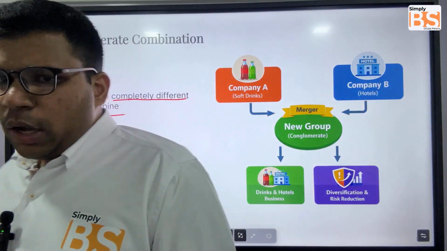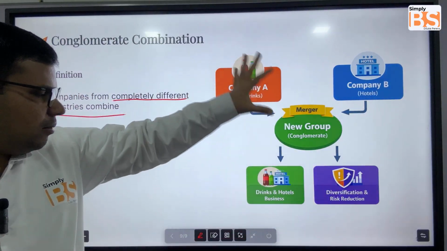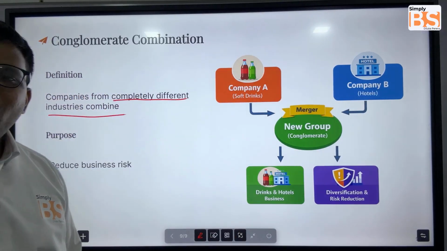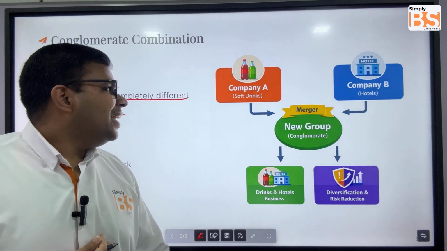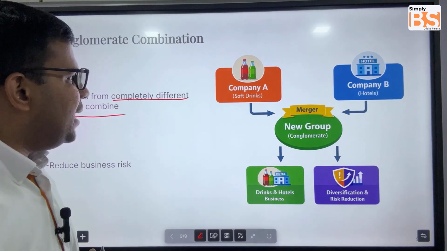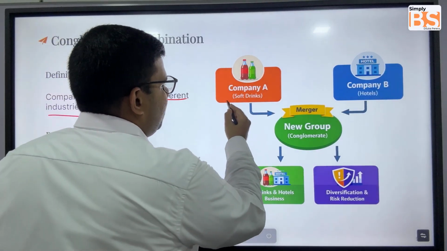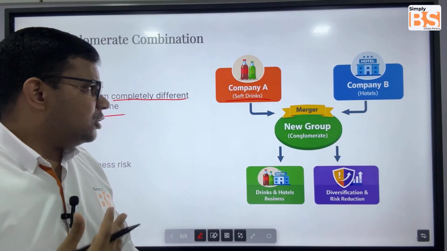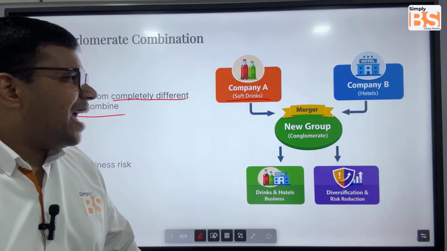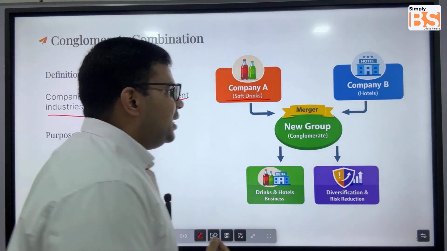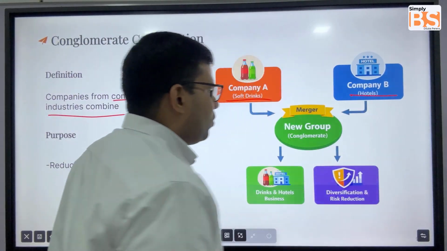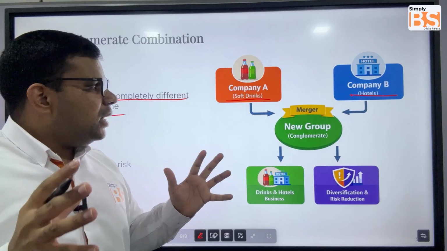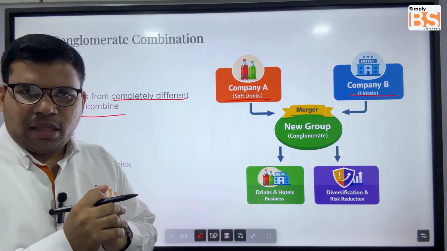Very simple. I have given you a very colorful example as well, just for you all to understand. You have company A from the soft drinks manufacturing industry, and then you have company B from the hotel industry. What if company A and company B combine together?